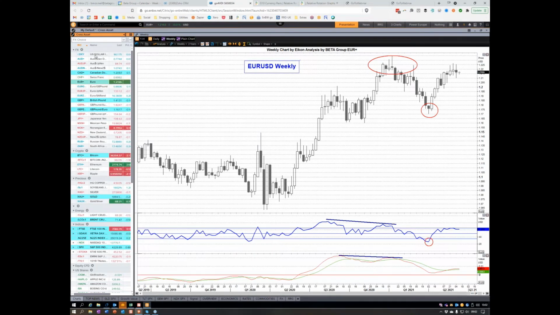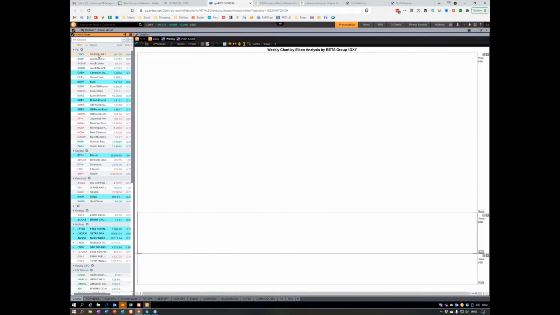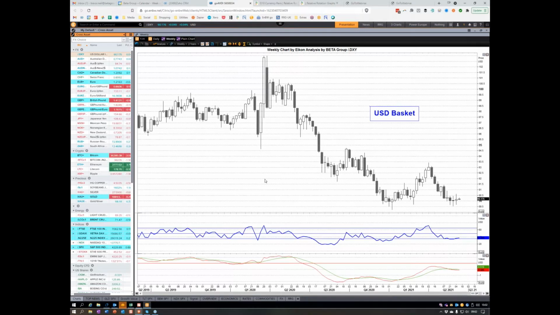But the best way to see it is looking at a US dollar basket, a basket of the major economies, trade weighted. The euro is 45% of the basket, so it's heavily weighted. The chart looks very much like the inverse of the euro, so this going down here is dollar weakness.